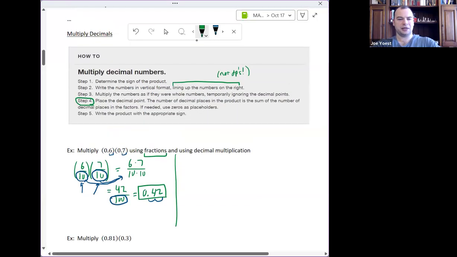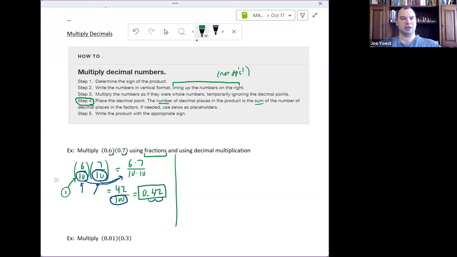So with fractions, it's a little more clear why we say the number of decimal places in the product is the sum of the number in the factors: one decimal place is encapsulated in the tenths associated with the 6, and one more in the tenths associated with the 7, and 1 plus 1 gives me 2 decimal places, in relation to the hundredths from the 10 times 10 in the denominator.